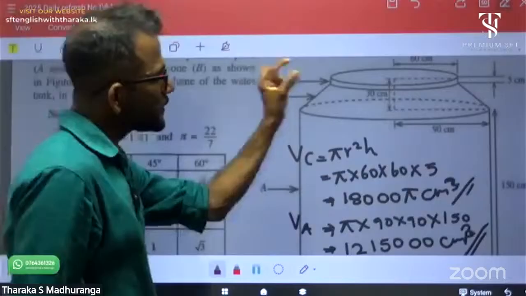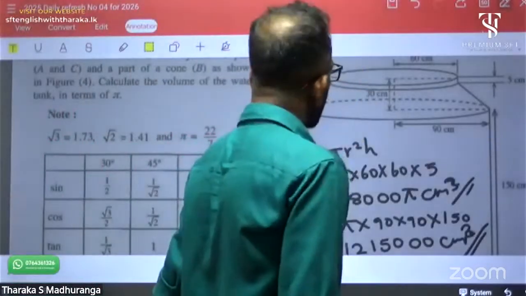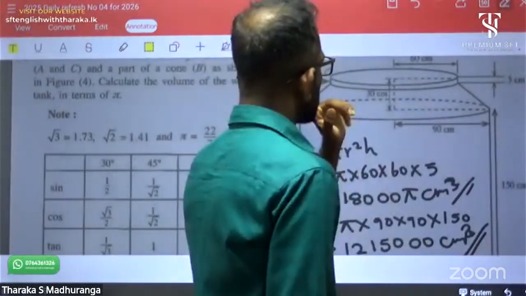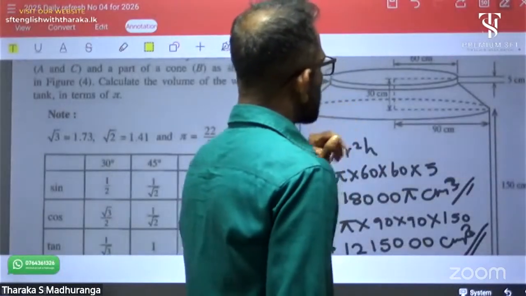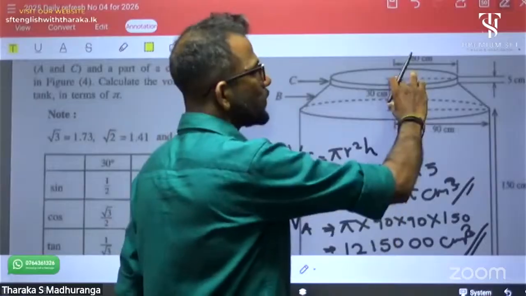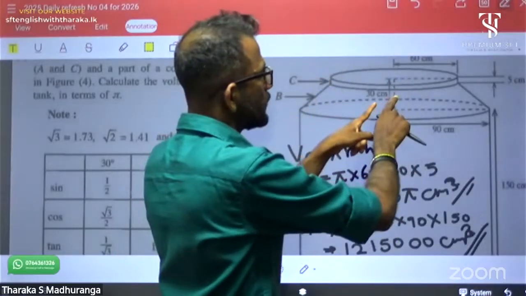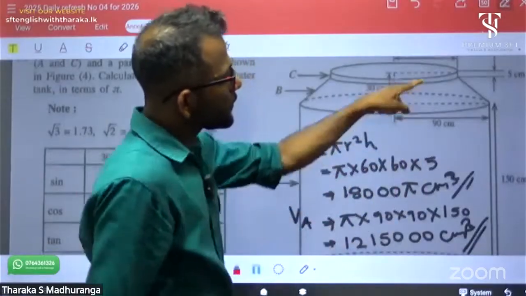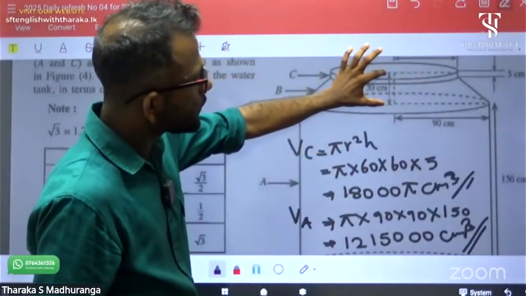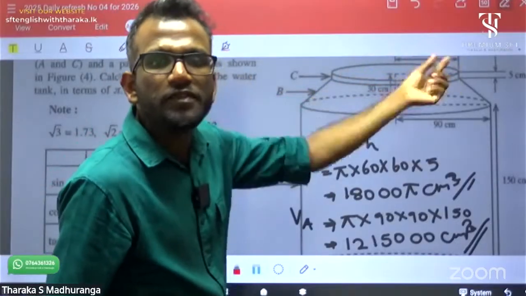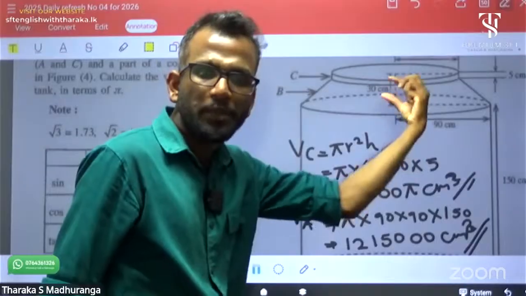And the height between the perpendicular height, the V part. Sorry, the full height is a 30. It's a important point. See, according to the diagram, the full height is a 30, but 5 centimeter thickness of C part. Then how about the B part height?